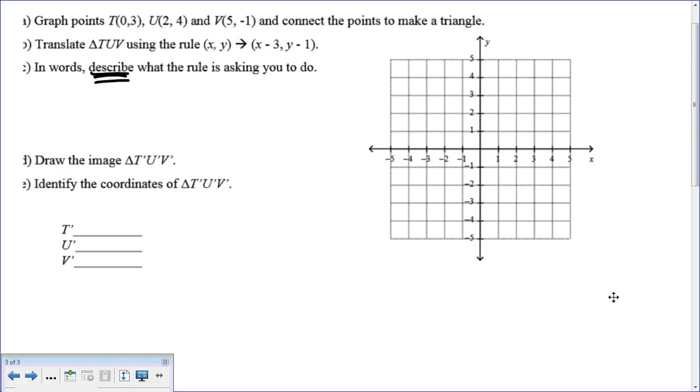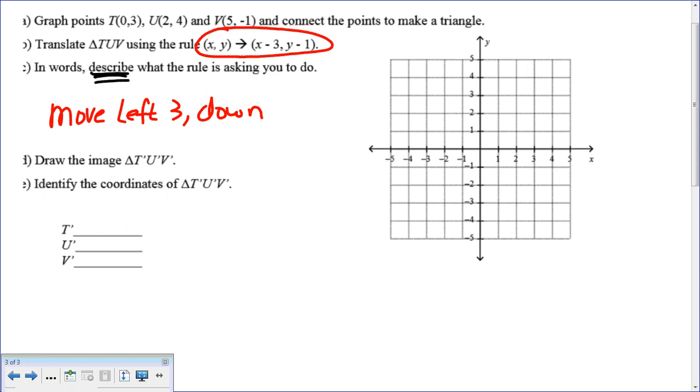All right. So, what does the rule tell us? What does this thing right here tell us about the figure? Kevin. Right, we move left 3, down 1, right?